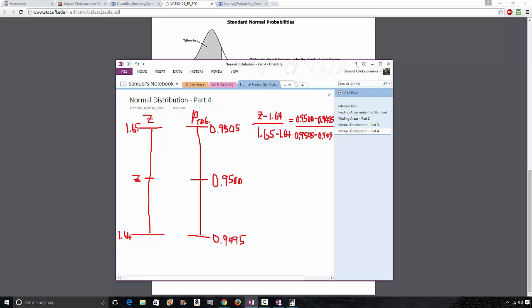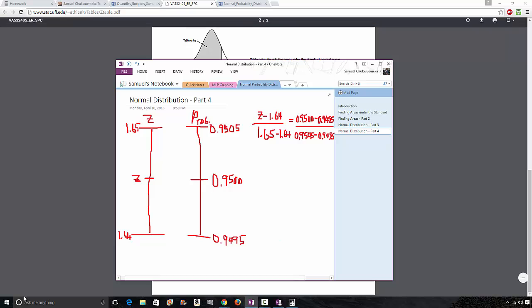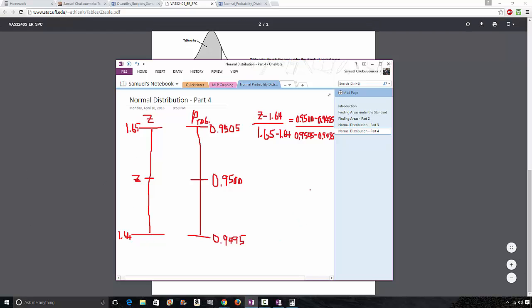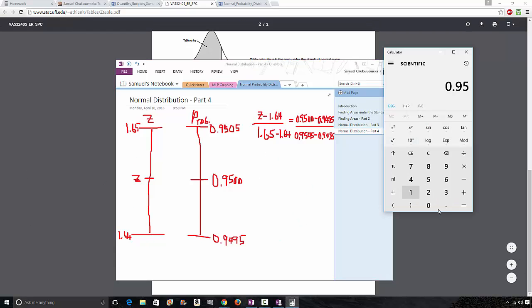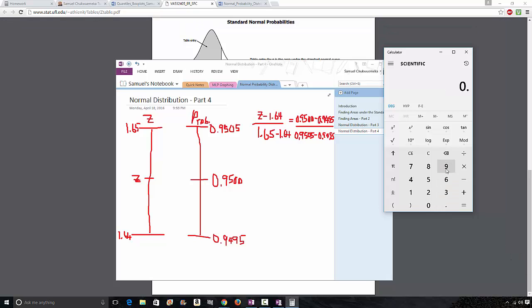We have done this interpolation method before, so let us save time. We see that 0.9500 minus 0.9495 gives us 0.0005.